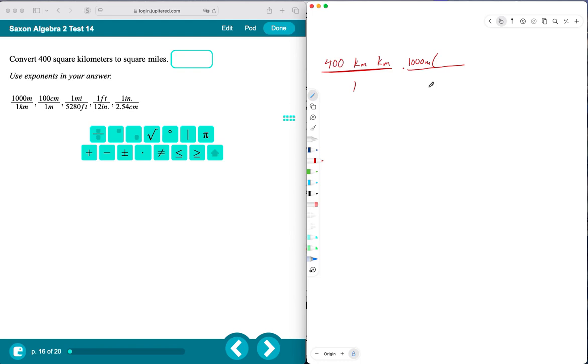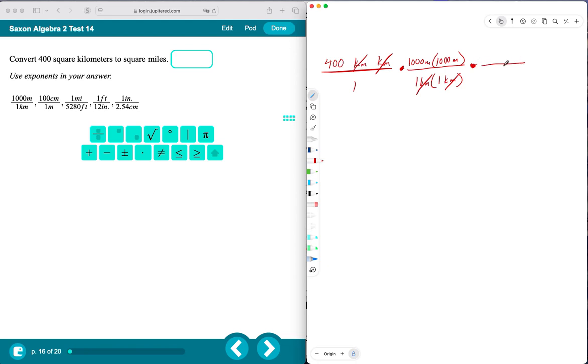And you could do it in one fraction. It works. 1 kilometer, 1 kilometer, 1,000 meters. I know you've never seen me do this before, but it's the same thing. It just makes it so I don't have to write another fraction. Now this cancels this one, and this cancels this one. This is not so much a different technique, it's just a different style of writing the same technique.